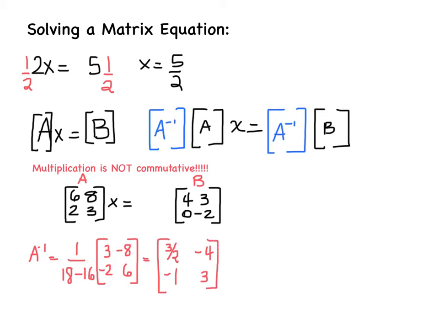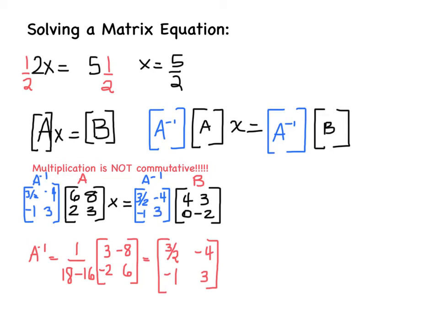So I'm going to multiply the inverse of A in front of these matrices. Sorry, those numbers are so small. This is 3 over 2, -4, -1, and 3.